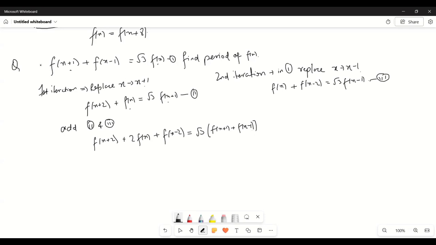But from the original equation, what is f of x plus 1 plus f of x minus 1? Root 3 fx. So this becomes root 3 into root 3 fx, which is 3 fx.